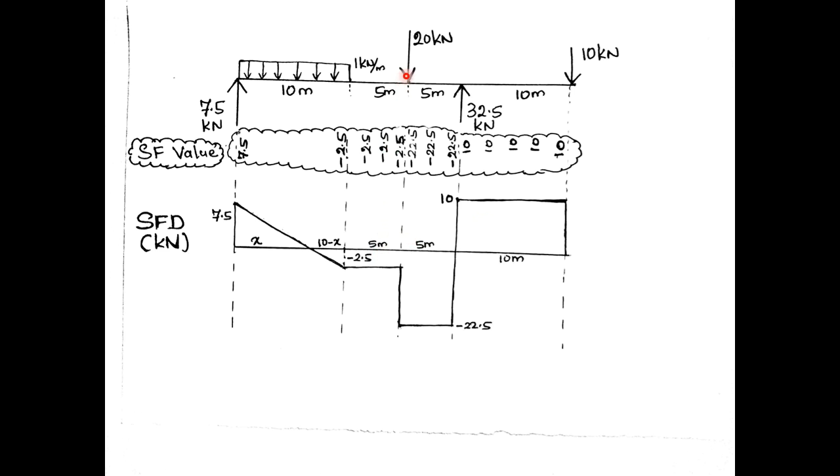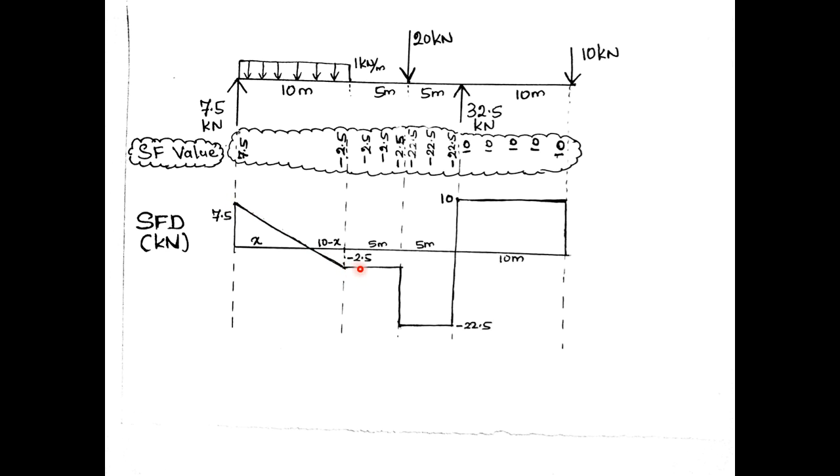In the point load case, the point load is a concentrated load, therefore the shear force diagram should jump. Here another point load, the support reaction point load. The shear force diagram jumps. This 7.5 and this minus 2.5 are connected by a straight line.